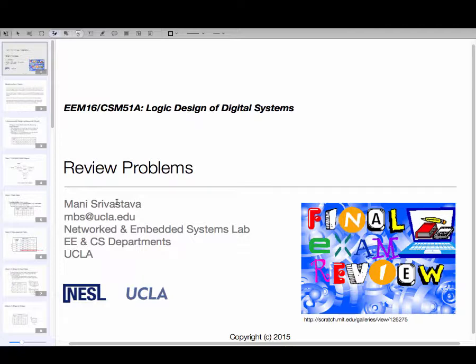Also, if you do not submit the optional final design homework, then the grade for that design homework would be prorated from your final exam grade.